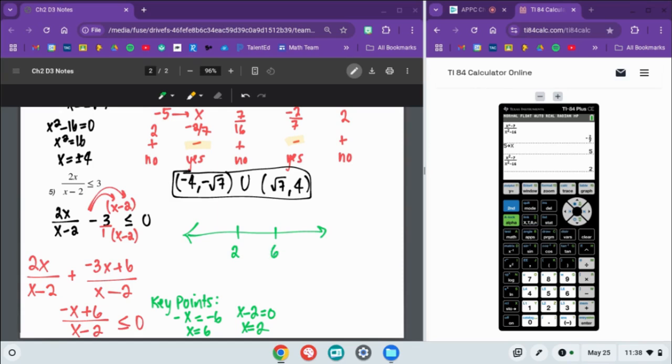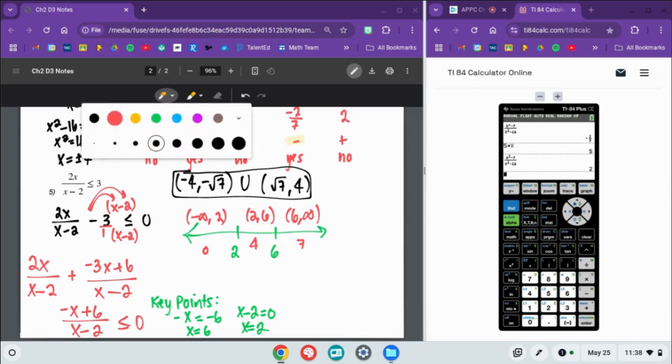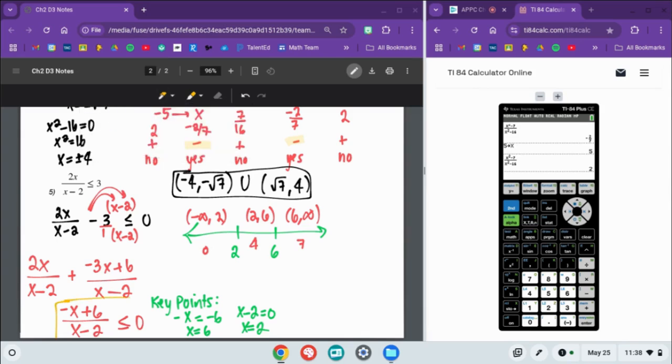And then I need to come up with intervals, so -infinity to 2, 2 to 6, and 6 to infinity. So I'm going to plug in 0 over here, maybe 4 over here, and how about 7 over here? Go to this one, because we're going to look for, is it less than or equal to 0?